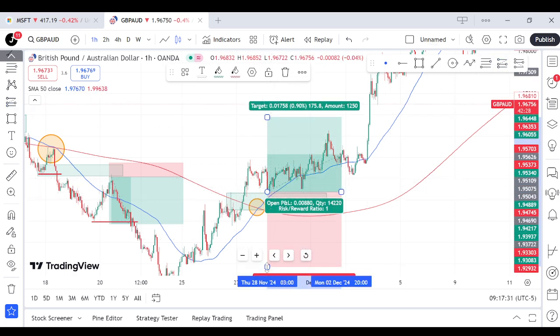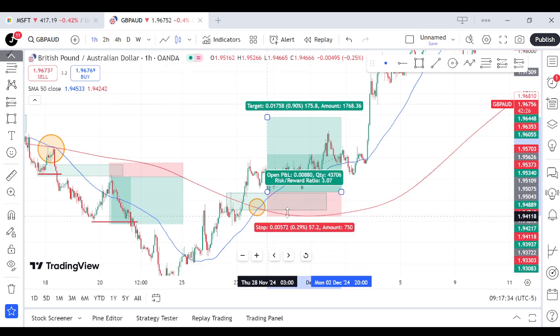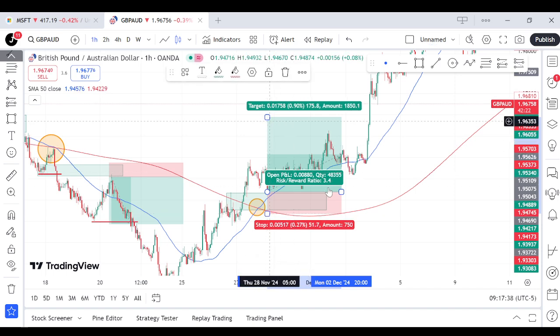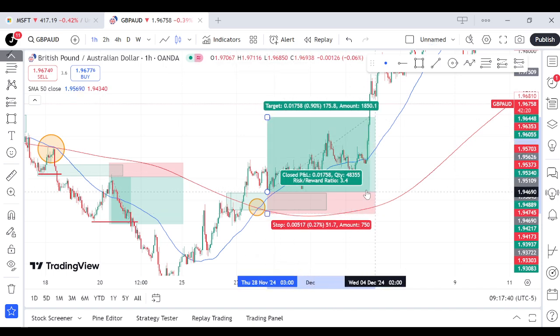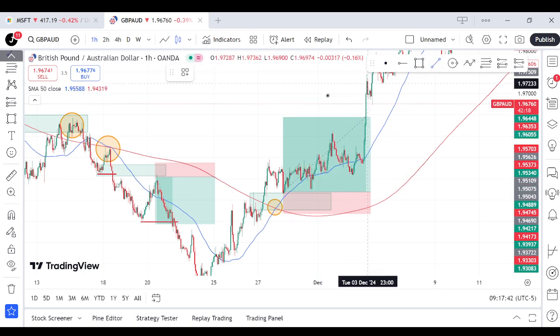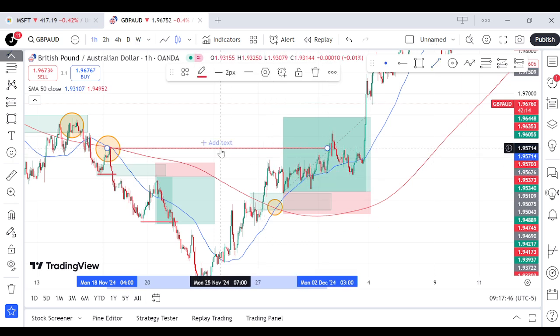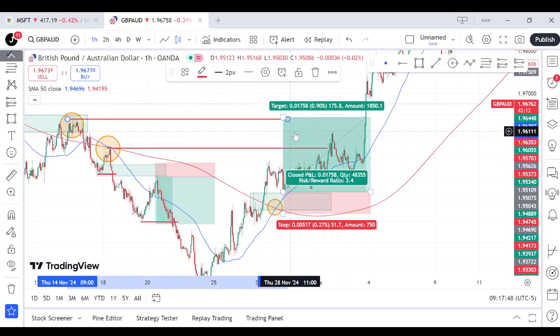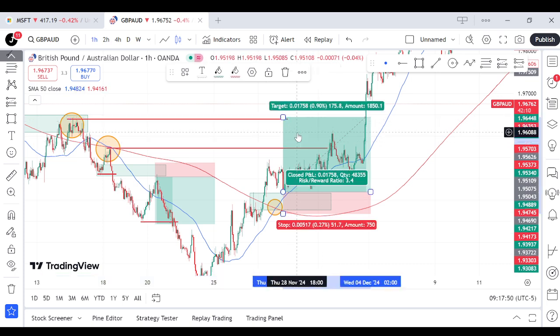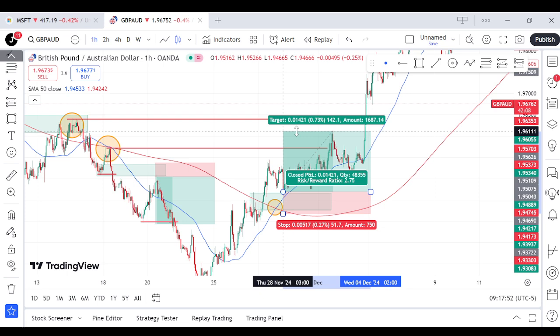And that area is also the 50% level on the Fibonacci. So we just look to place our stops below the support level, and I'll take profits at major resistance levels like this one or this one above here. Or you could just place your take profits at fixed risk reward ratio of 1:2.